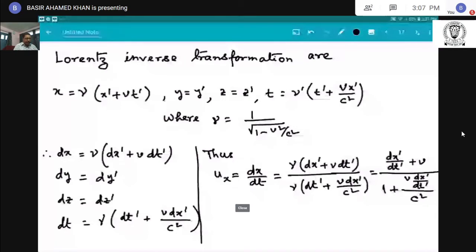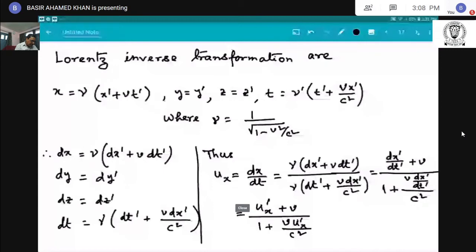That means ux equal to ux dash plus v divided by 1 plus v ux dash divided by c square.